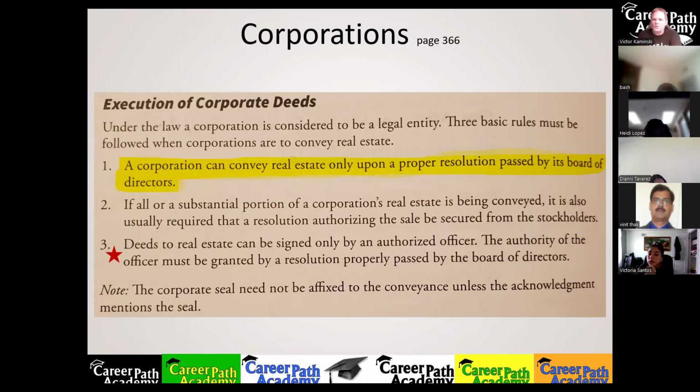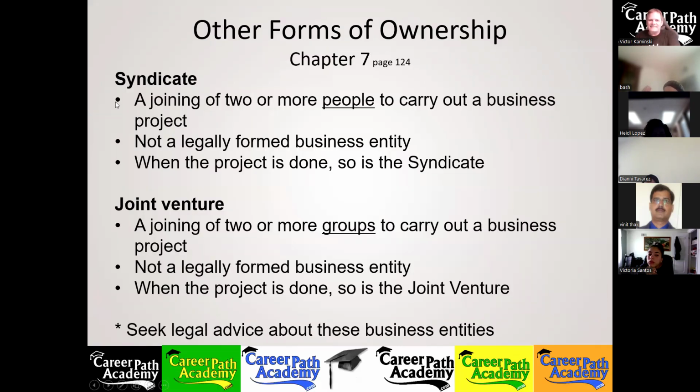So go back to page 124 there. A syndicate is a joining together of two or more people to carry out a business project. It is not a legally formed business entity. When the project is done, the syndicate's done.